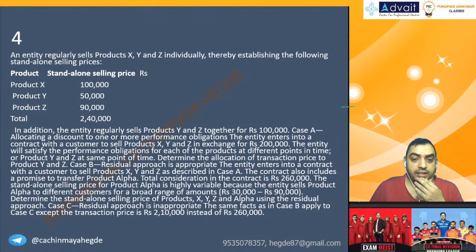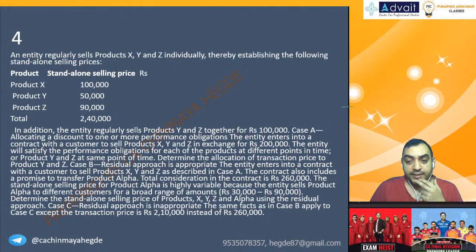In addition, the entity regularly sells products Y and Z together for 1 lakh. Case A, allocating the discount to one or more performance obligations: the entity enters into a contract with a customer to sell products X, Y, Z in exchange for 2 lakh. The entity will satisfy the performance obligation for each product at different points in time, but Y and Z at the same point in time. Determine the allocation of transaction price to X, Y and Z.